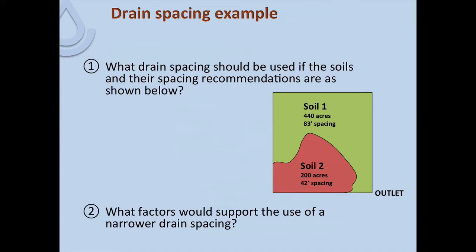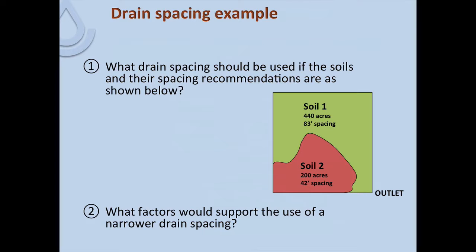In that condition, now we've got adequate drainage, or the drainage that we desire in soil 2, but because it's less than the spacing recommendation for soil 1, now likely what we're doing is spending more money on or investing more money in soil 1 than what we're going to yield return from that drainage investment.